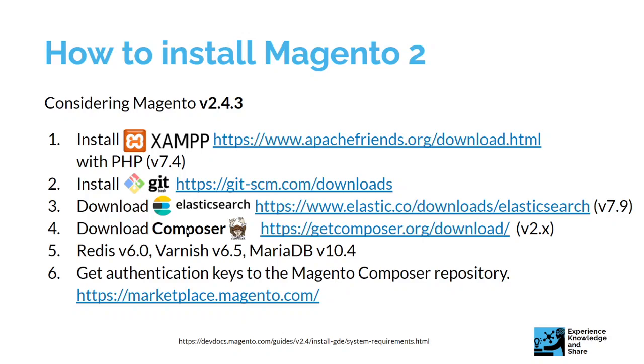Then Composer also, of course, we require Composer, which we will utilize to execute the respective commands like composer install. We get the packages from the respective servers, and if we have them, we can use Redis, Varnish and so on. On top of that, we will require a Magento authentication key as we are using Composer packages. Magento verifies that, so we need our authentication key.